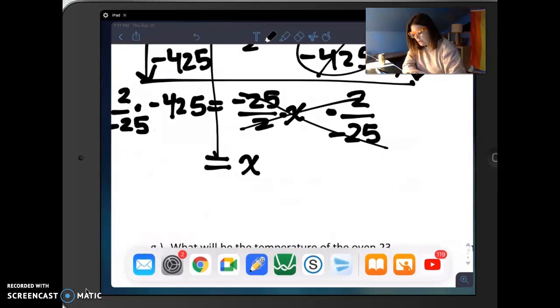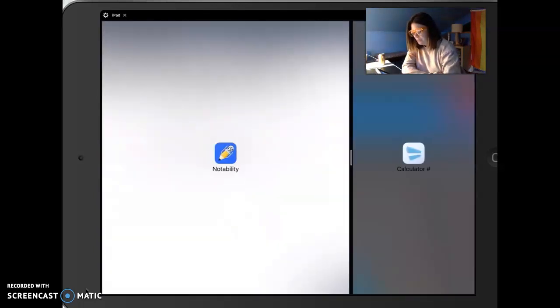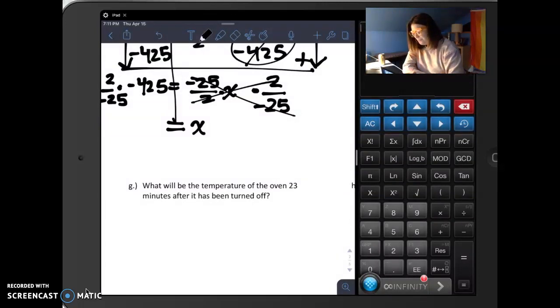If you're like me and not really great with mental math, feel free to use a calculator. The reciprocal is 2 over negative 25, and then we're multiplying that by negative 425, and we have 34.